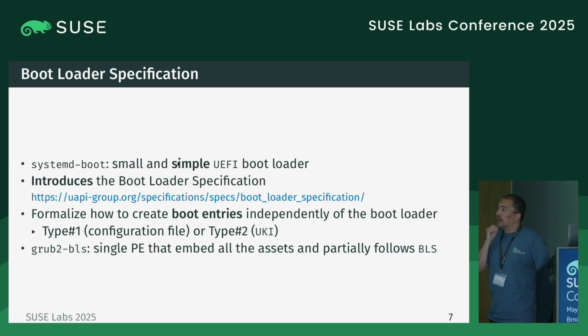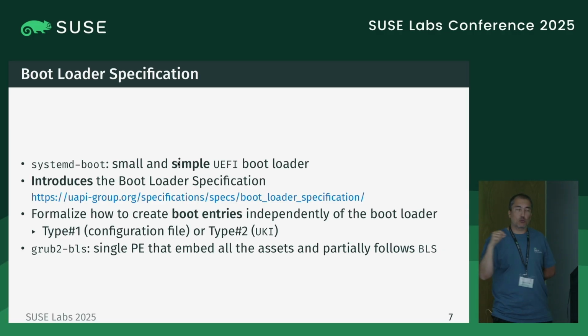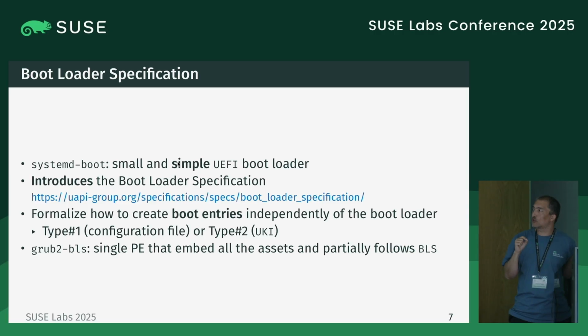But the good news is that this same team backported a set of patches from Fedora into grub2, and we now have a new sub-package, grub2-BLS, that is a single EFI binary that contains all the theme assets, like the graphical assets, the font files, the configuration file, and everything embedded in a single EFI binary that you can install in the same way that systemd-boot is installed today.